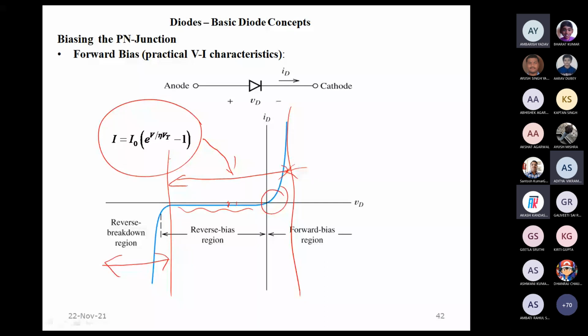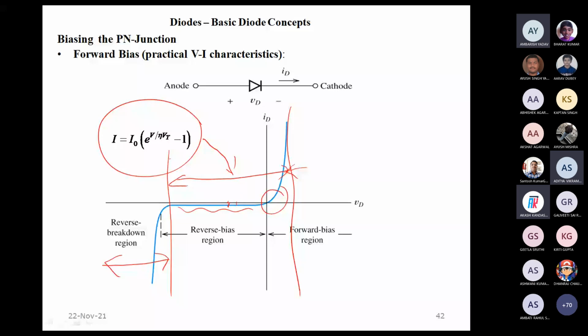But if we keep on increasing the reverse bias voltage, then the internal electric field along with the external electric field may be too large, and it may give energy to the bonding electrons, or the covalent bond forming electrons, and the bonds may break down.